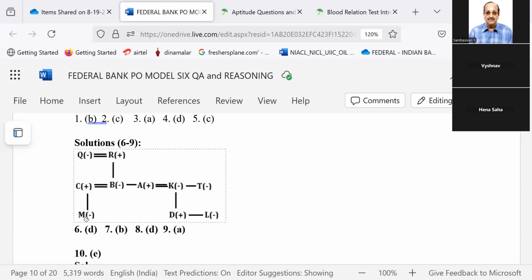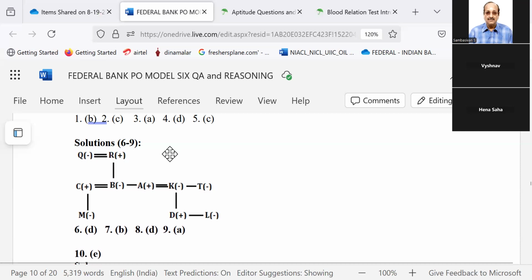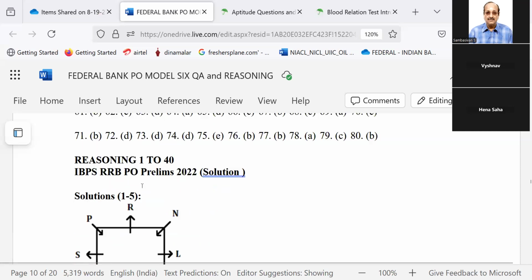I think it's a tough problem. It's not that easy to do this. But considering the way questions are being asked nowadays, this is the level they expect you to be thorough.